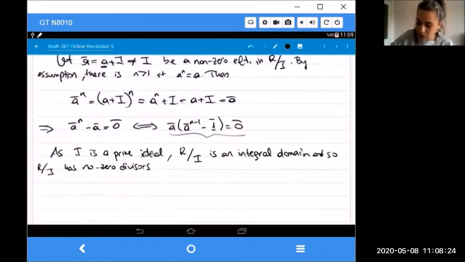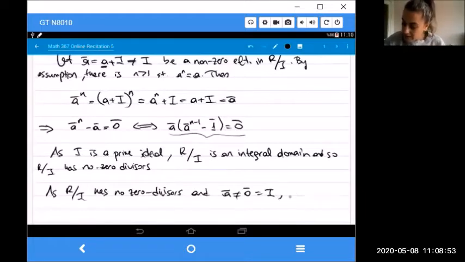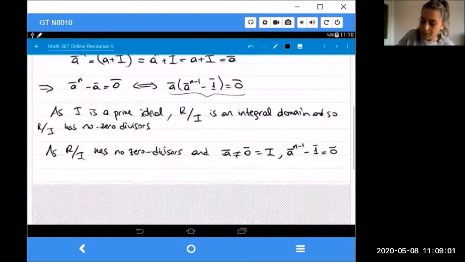But since R over I has no zero divisors, and of course a bar is different from 0 bar, which is just I, this means that a bar to the power n minus 1 bar has to be equal to 0 bar, okay?